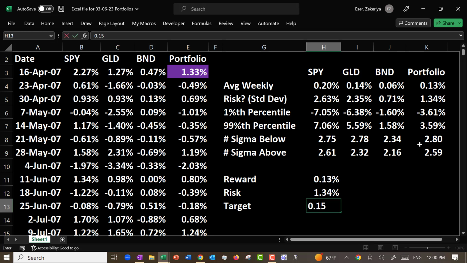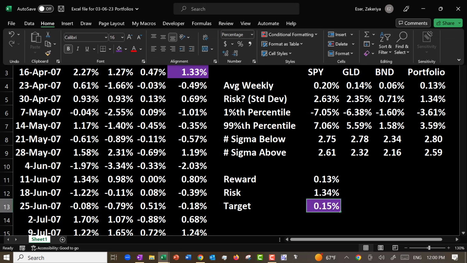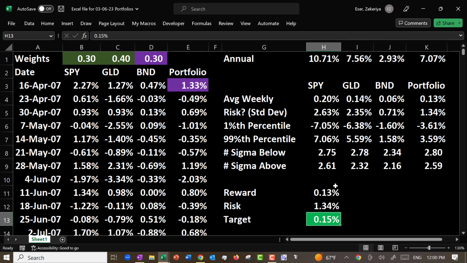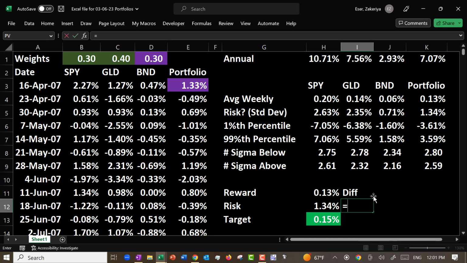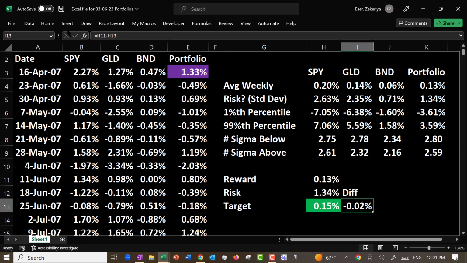Actually, I'm going to make that green. That's my desired reward, okay? And let me do something here that says difference. The difference between the actual reward and my target reward. I need to make that blue. Okay.